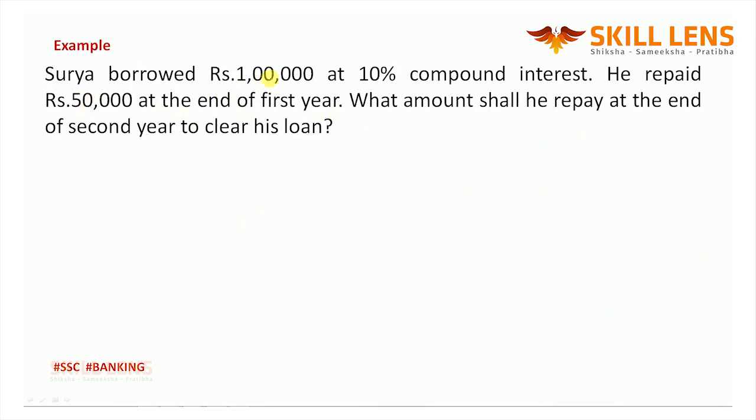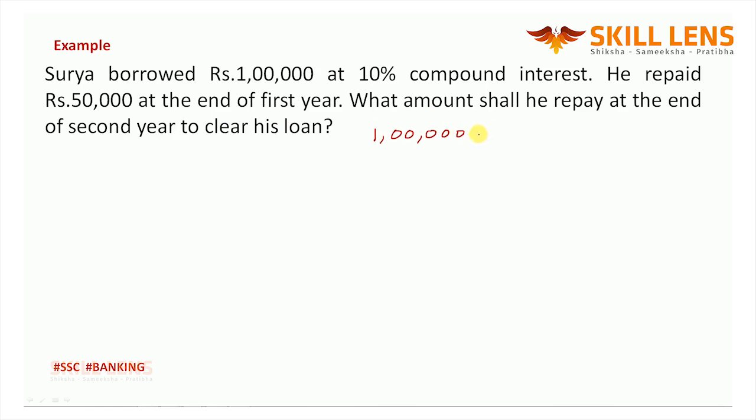Surya borrowed rupees 1 lakh at 10% compound interest. He repaid rupees 50,000 at the end of the first year. What amount shall he repay at the end of the second year to clear his loan? Initially, Surya borrowed 1 lakh rupees.